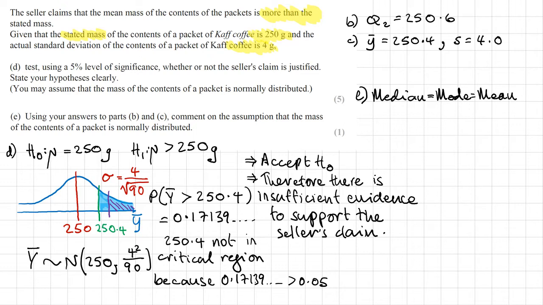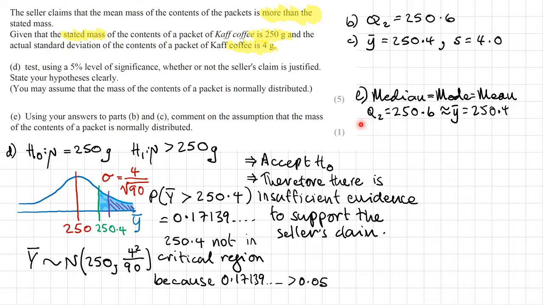Now, what did we get for our median? Q2, we got 250.6, and for our mean we got 250.4. They're pretty close, aren't they? And because they're pretty close, we can be confident that the data that we have is normally distributed.